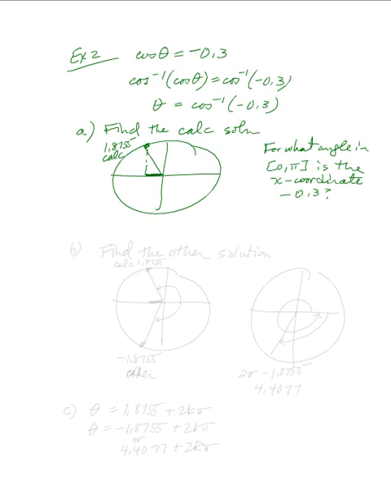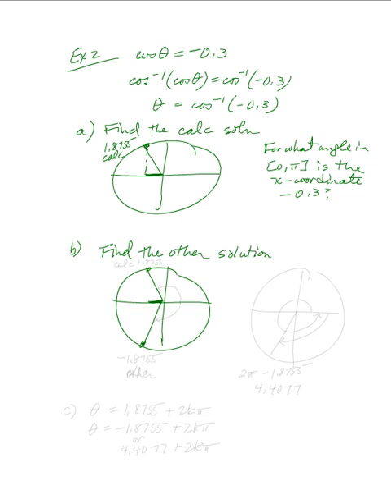And then we move on to what is the other solution. So where else on the circle is it that the x-coordinate is negative 0.3? Well, we found one of them was here. The other one's going to be over here.